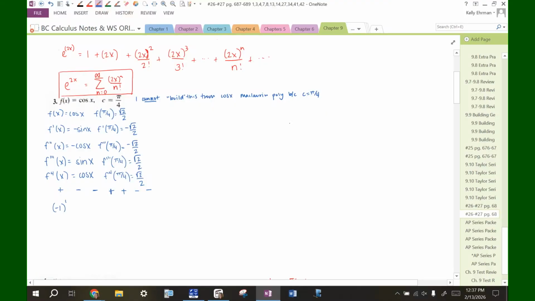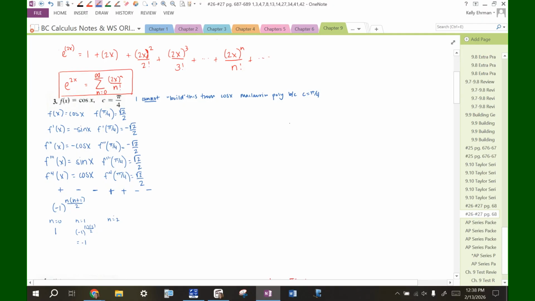Remember, it was like n times, it was either n plus 1 or n minus 1 over 2. Let's see if this works. Double check this. So let's say the first one is n equals 0. Anything to the 0 power is 1, so that's positive. If n equals 1, I should get a negative here, so it'd be negative 1 to the 1 times 2 divided by 2, so that is negative 1.